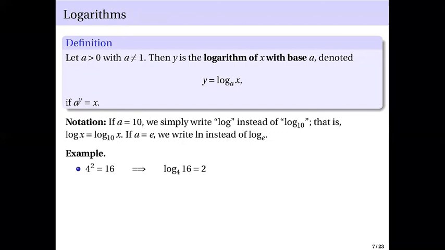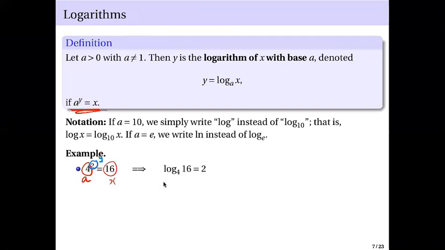So if we go back to this guy here, this is your x, this is your a, and this guy here is your y. In terms of logarithm, y is your 2 here.